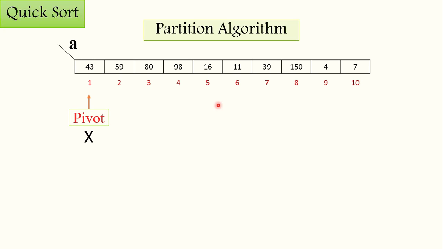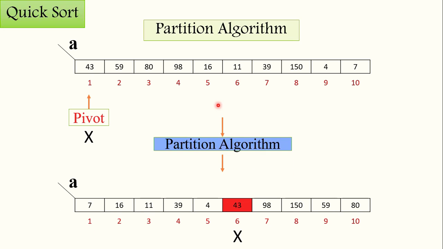After the partition algorithm, we will get the exact, or correct, position of x, the pivot element, in the sorted array. Understand what I'm saying? Means after applying the partition algorithm, we get the correct position of the pivot element in the sorted array.